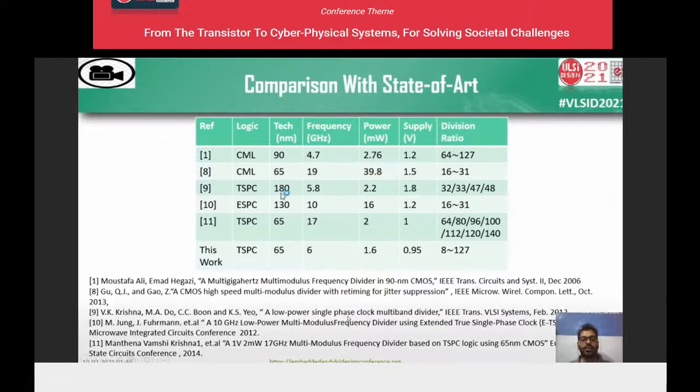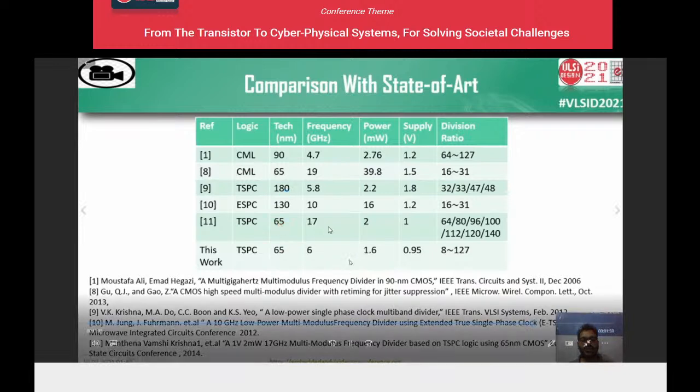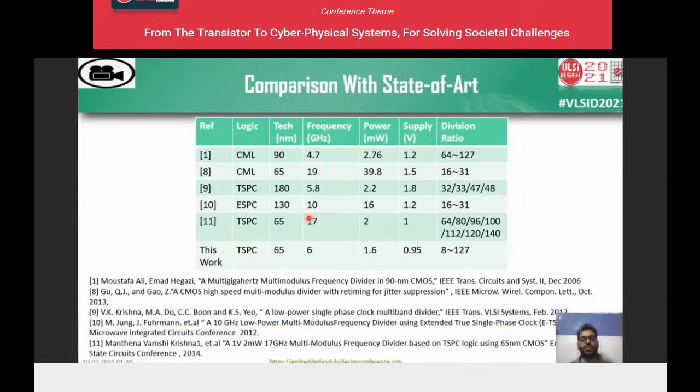The TSPC logic here at 65 nanometer also shows very good performance at high frequency, but the divisions are not continuous, they are discrete divisions like only 64, 80, 96, 100. In this work we compared at 6 gigahertz with a power consumption of 1.6 milliwatt, when the supply voltage was 0.95, and we got a seamless continuous division from 8 to 127.